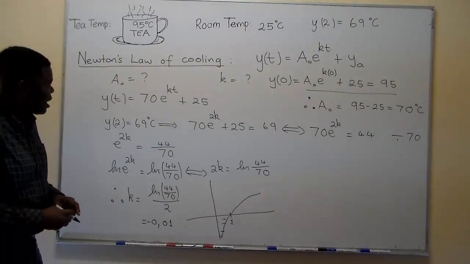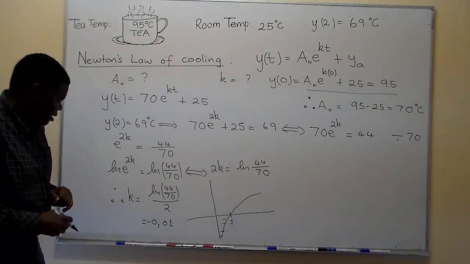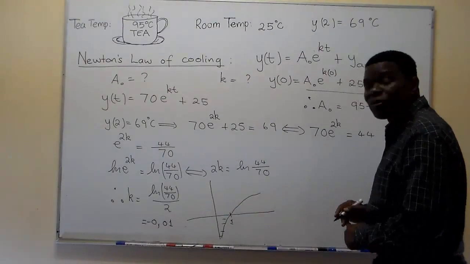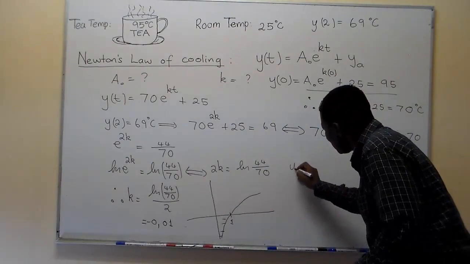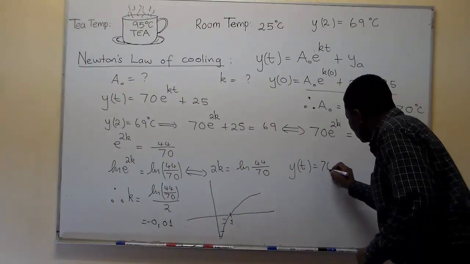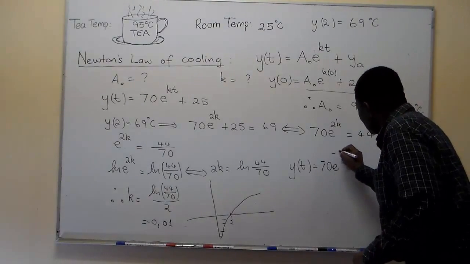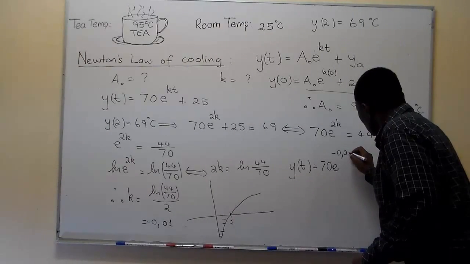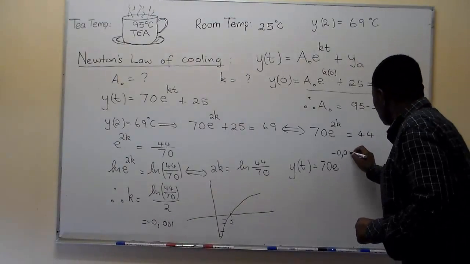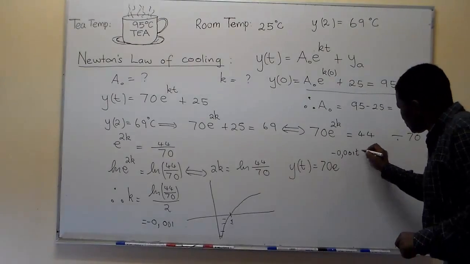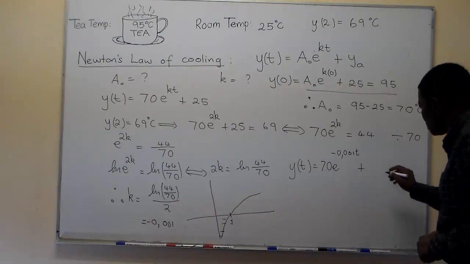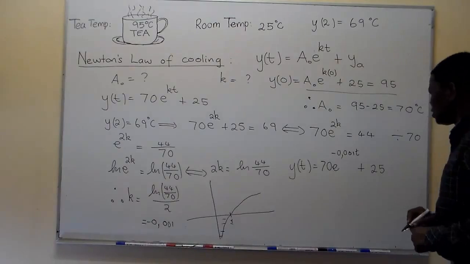Now, having our A obtained and our k obtained, we can write the function which describes this particular situation of a cup of tea or coffee as y of t equals our A, which is 70, e to the power minus 0.001t, plus the ambient temperature, which is 25 degrees.